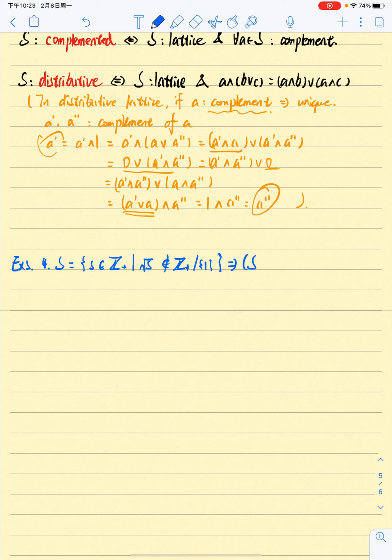Then S, under divides, is a complemented distributive lattice. That is.